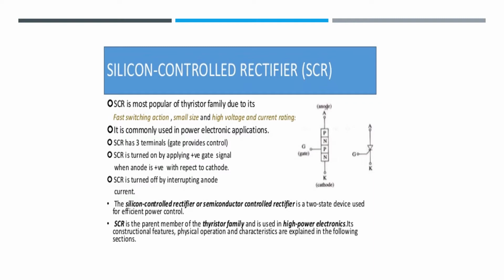The SCR is a two-state device used for efficient power control. SCR is a permanent member of the thyristor family and it is used in high power electronics. Its constructional features, physical operation and characteristics are explained in the coming sections.